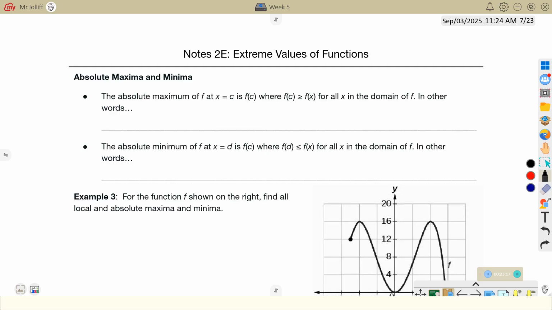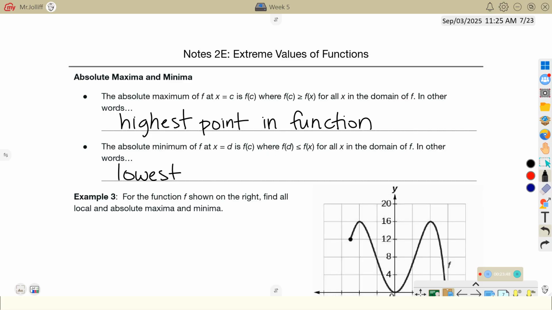So an absolute maximum occurs at the highest point in the domain of the function. And an absolute minimum is the absolutely lowest point in the whole function.